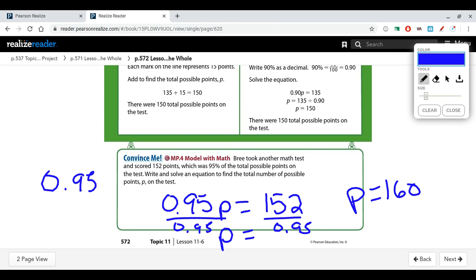And then I can check it. Here's the nice thing with the calculator: I can do 0.95 times 160, and I should get 152. When I plug that in the calculator, that's exactly what I get. So P equals 160.